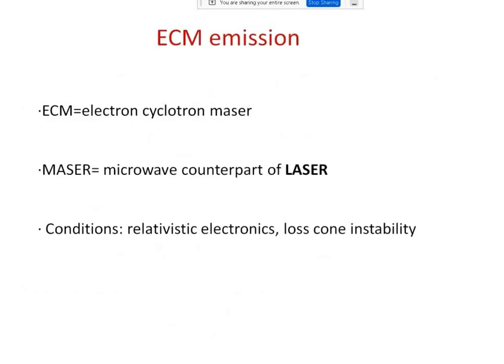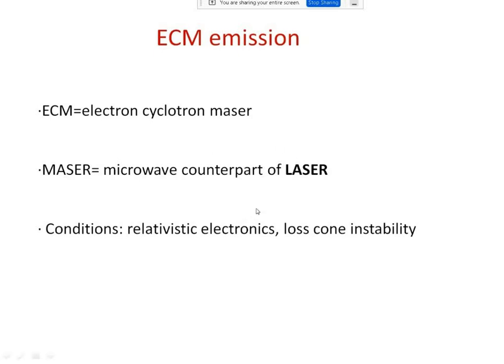And we also have ECM emission for solar radio bursts. ECM means electron cyclotron maser, and maser is short for microwave amplification by stimulated emission of radiation. It's actually the counterpart of laser.